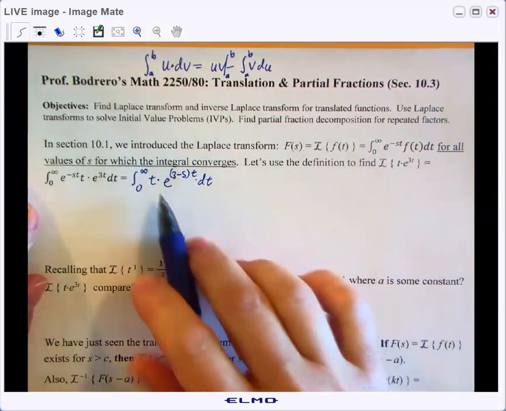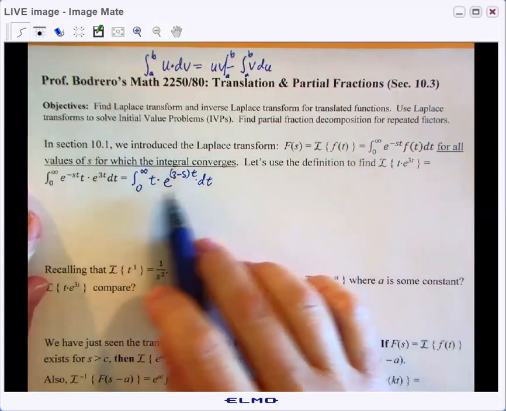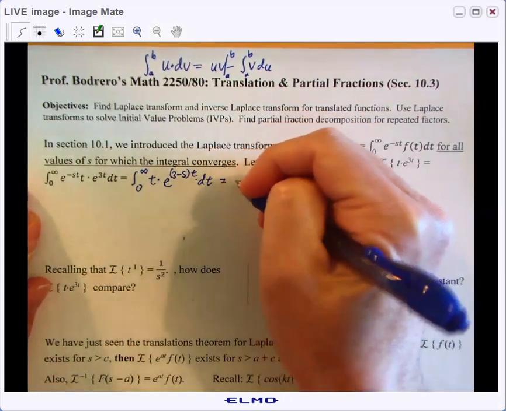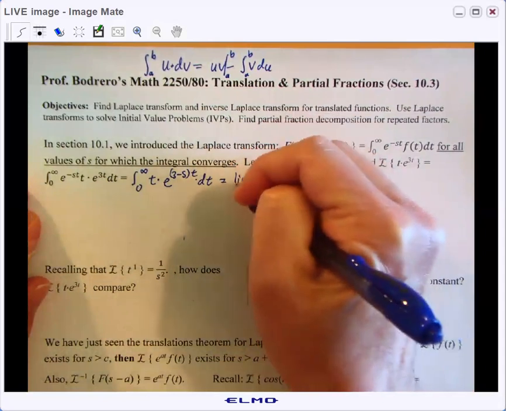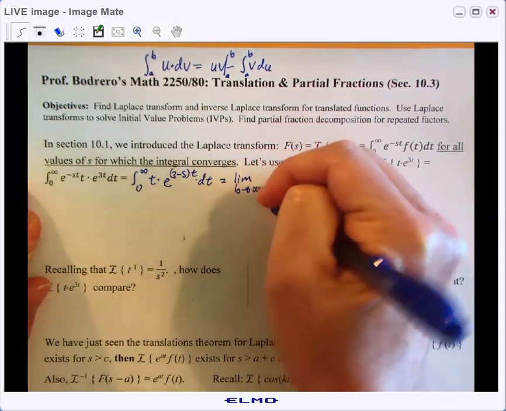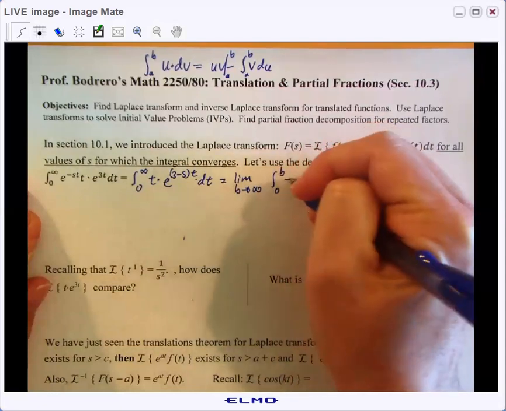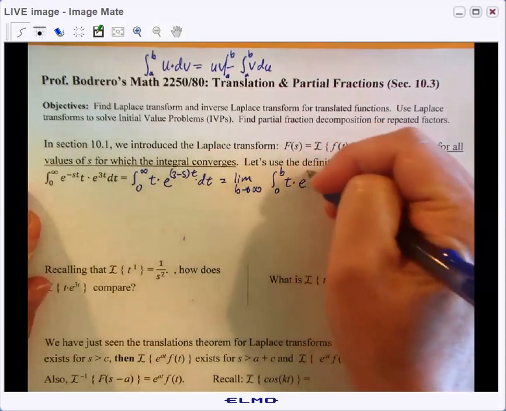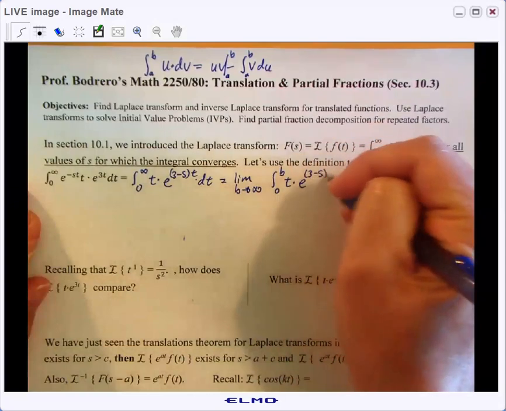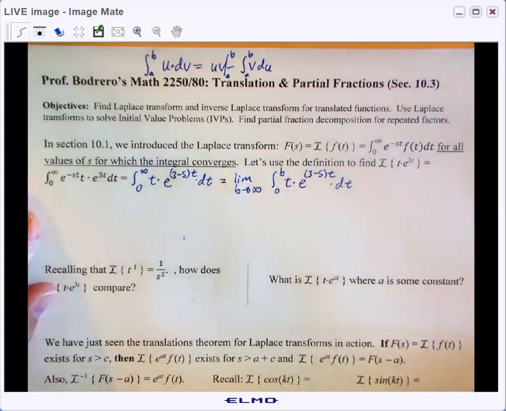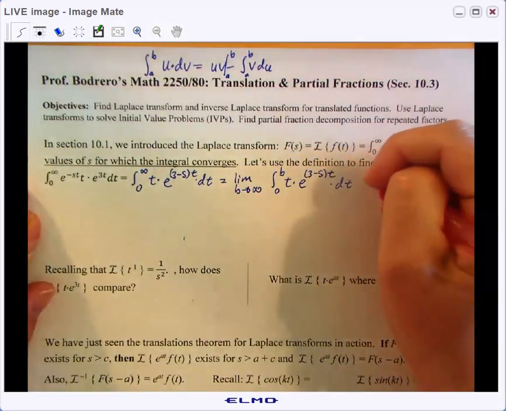The first being integration by parts, and the second being improper integrals. So this is going to work out to be the limit as b approaches infinity of the integral from 0 to b of t times e to the (3 minus s)t dt. So let's set up our integration by parts.